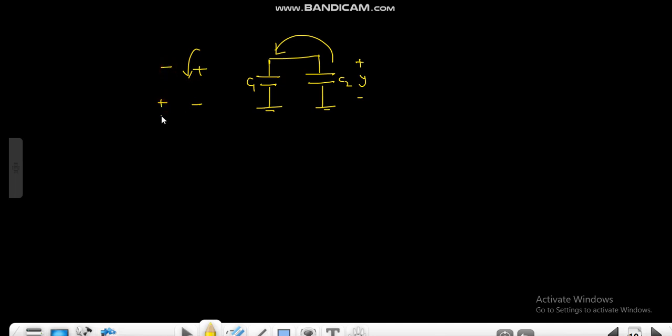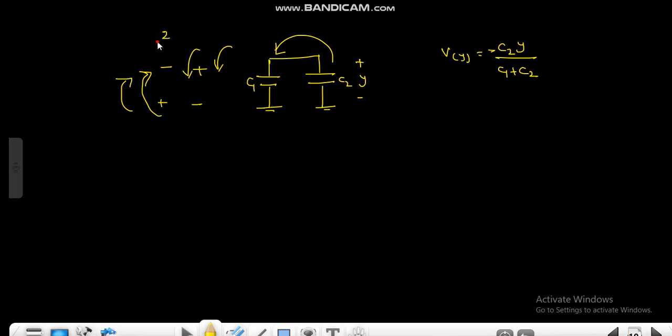I am taking plus from here. So what would be the voltage because of y? It would be C2y upon C1 plus C2, but with a minus sign, because it is charging in this direction and I am taking it to be in this direction. So this is the voltage because of y.